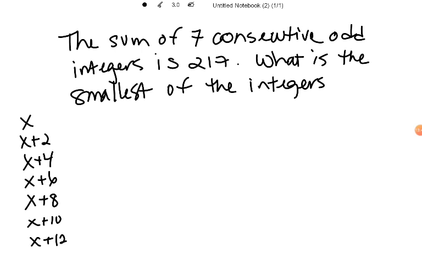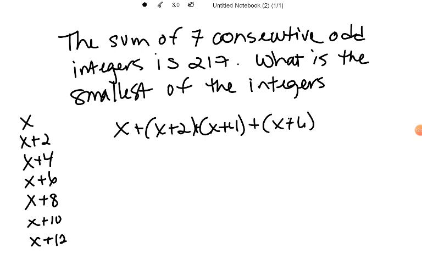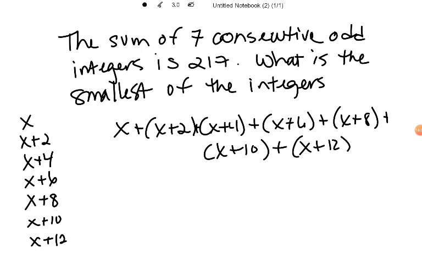So the sum of them is, so we're going to add them all, x plus 2 plus x plus 4 plus x plus 6 plus x plus 8 plus x plus 10 plus x plus 12.